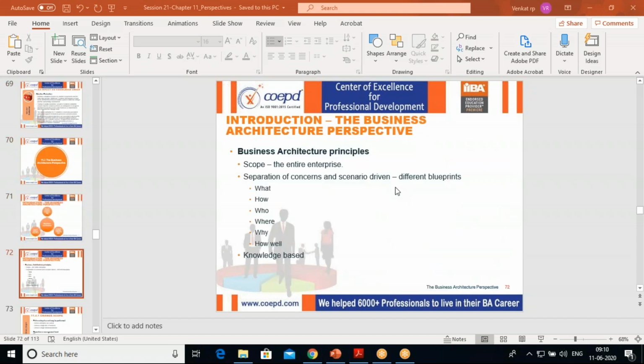Now, here, the architectures we talk about are for the entire enterprise. Do you get the difference between an organization and an enterprise? What is the difference between an organization and an enterprise? Anyone? Okay, I think you explained this in the beginning.